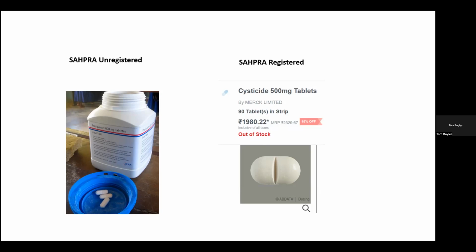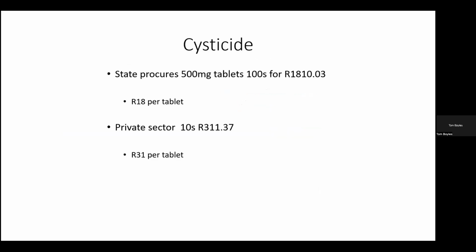But one they sell to the government, and I'm grateful, I think I see that Andy Gray is on the call, which is fantastic. Perhaps Andy can talk later about this because he's the expert. These are from slides that he gave to us. The state buys Cysticide for about 18 rand a tablet, in relatively small amounts. In the private sector, that's 31 rand a tablet.